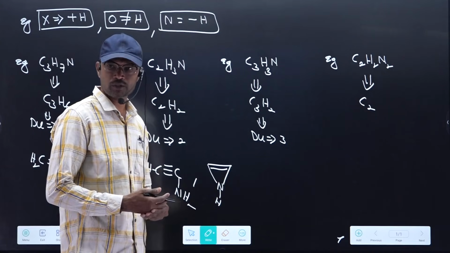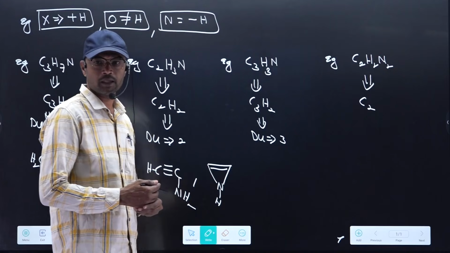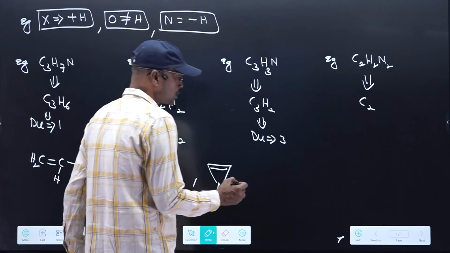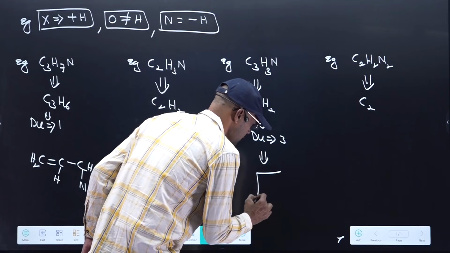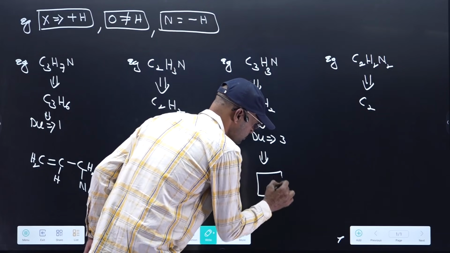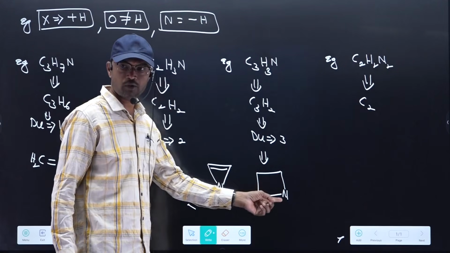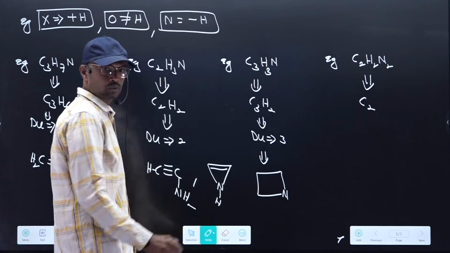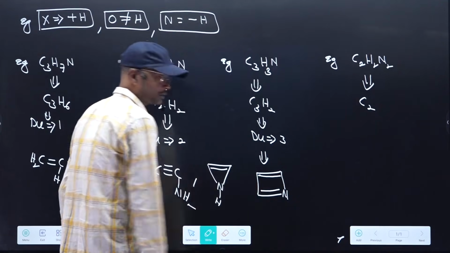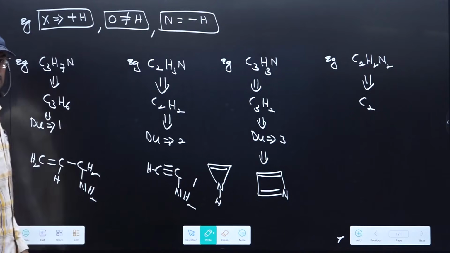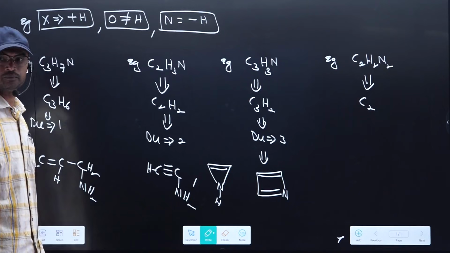At least one structure. 2 double bonds, 1 ring possible? 2 double bonds, 1 ring. You can create a structure like this. Here 3 carbons are over, here 1 nitrogen. Total 3 carbons, 1 nitrogen. DU is 3: 1, 2, 3 over. That is the specialty of this concept.